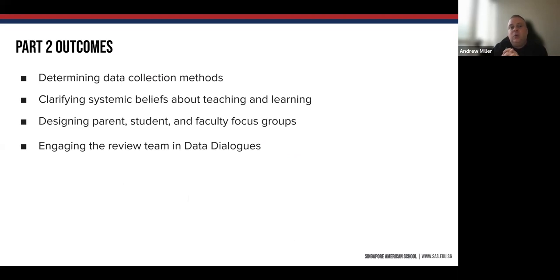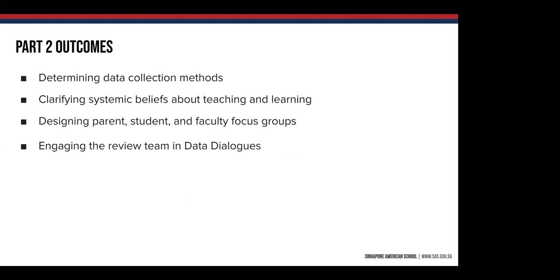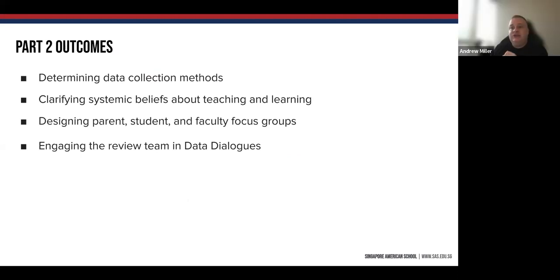Now that you know what you want to find out, now that you have a sense of the questions we want to explore, we're going to talk about how you determine the right data to collect. How do you think through collecting data on systemic beliefs of teaching and learning of your faculty? How to design parent, student, faculty focus groups, and then how do you engage your team that you formed in meaningful data dialogues to process that data.